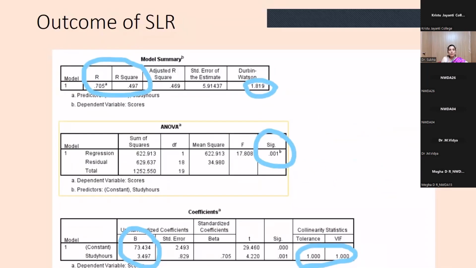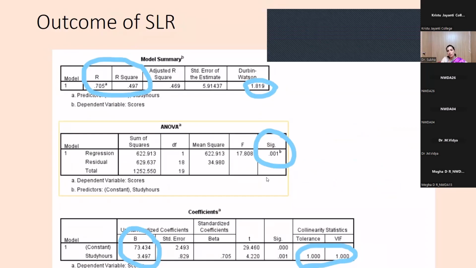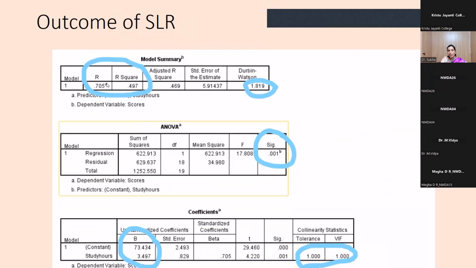This is the outcome you have got by analyzing your data. Here the R value is 0.705, which is close to 1, so the relationship between the independent and dependent variable is a positive correlation.